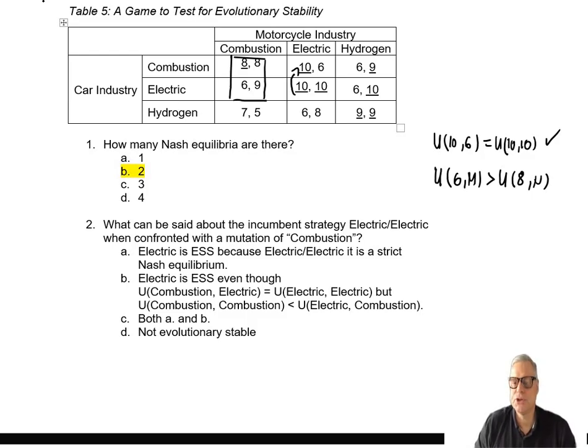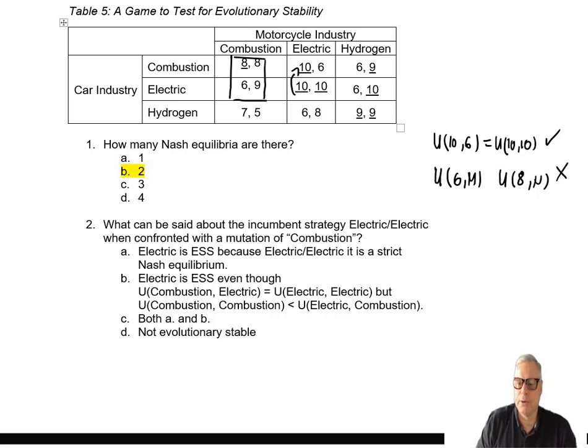So this condition is actually not met. Basically, if somebody sticks to electric, this player will fall behind somebody who's only playing with other players that play the mutating strategies. So electric is not evolutionary stable, because the 6 is less than the 8.